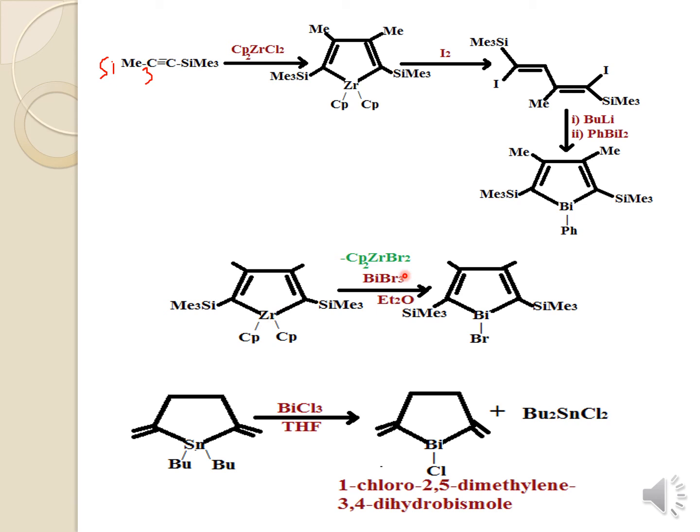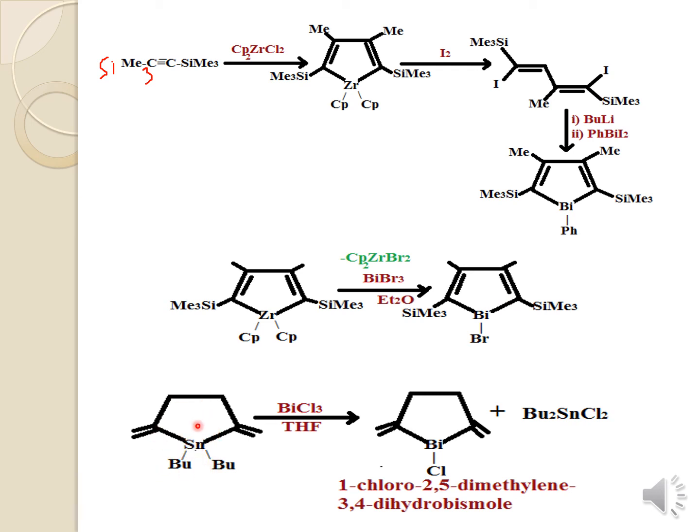This complex will get cleaved out, Cp twice, Zr and Br twice, from here. Then what is left is bismuth bromide, and that will go and attack over here with the cleavage of the zirconyl cyclopentadienyl complex, resulting in the bismuth bromide complex.